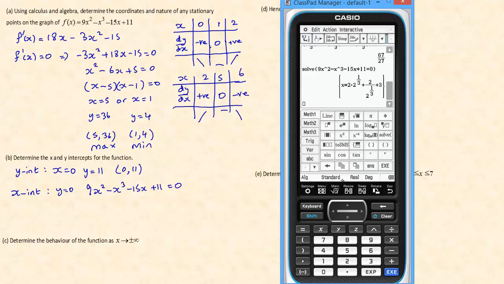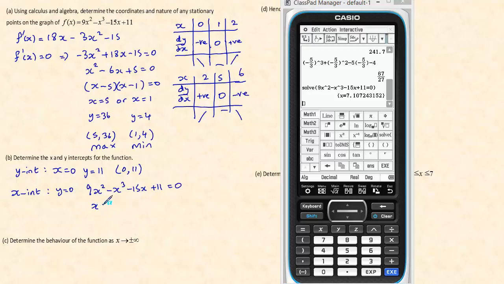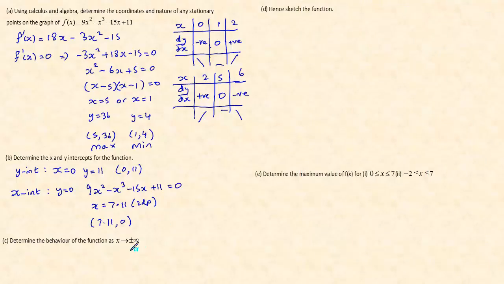And perhaps we should have gone for decimal here. It just shows that if we'd gone through the whole process, we may well not have found a solution anyway. So it looks like there is only the one solution, which is when x is, let's call it, 7.11 to 2dp. So that would be 7.110.